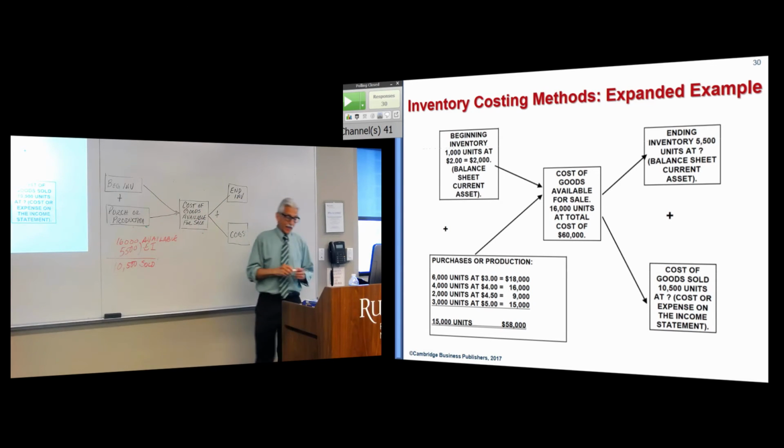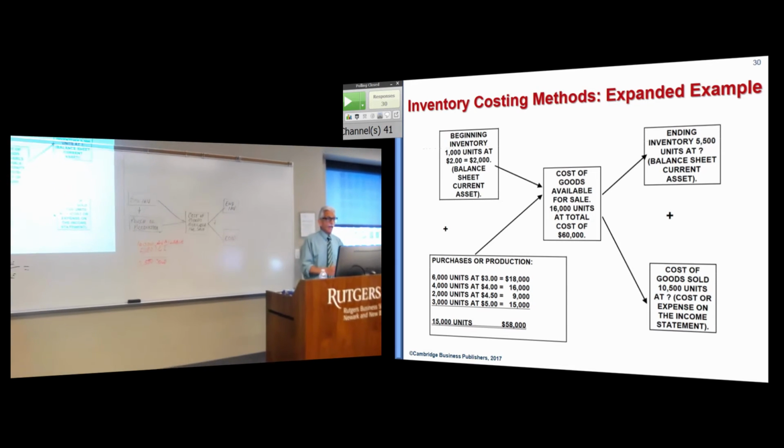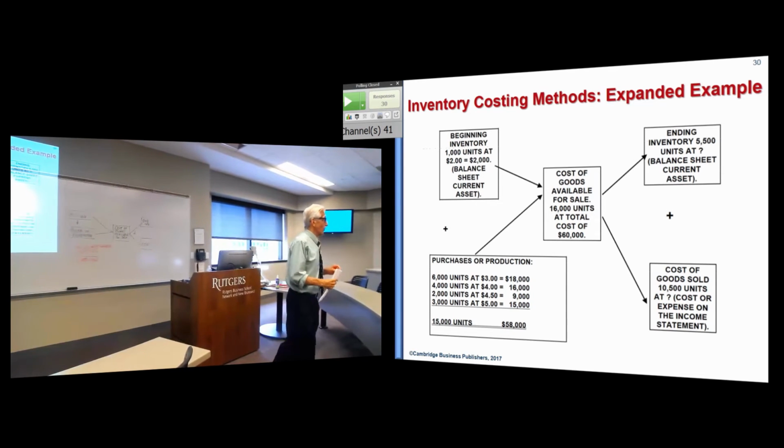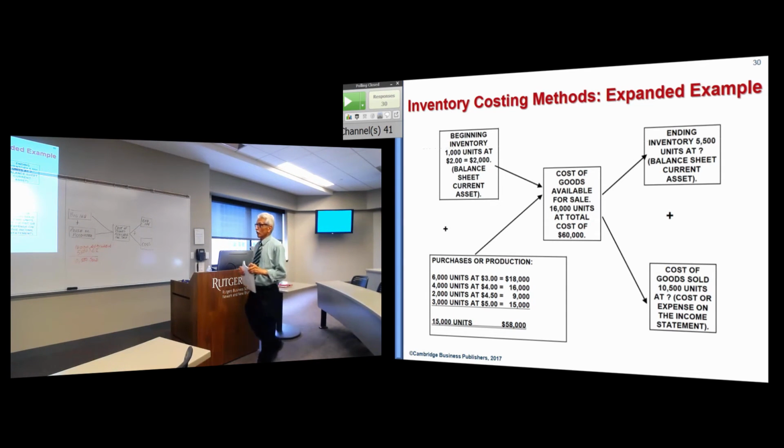So the question is, if I can't use specific identification, or I don't want to use specific identification, how do I allocate the total cost of $60,000 to the 10,500 units sold and the 5,500 in ending inventory?